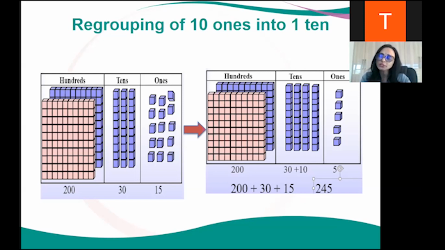Can you see how much easier it is to count? 200 plus 40 plus 5 gives you 245. Remember, we are adding 200 plus 30 plus 15. When we regroup, it becomes 200 plus 40 plus 5, because the 15 was regrouped into 1 ten and 5 units.